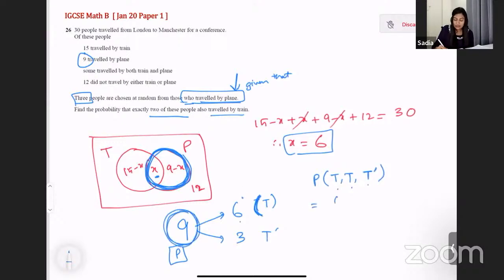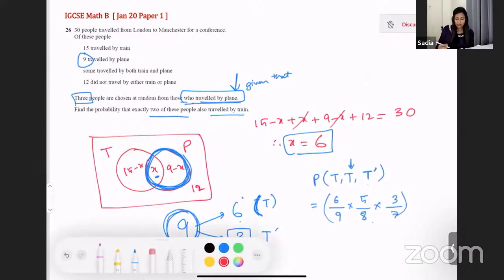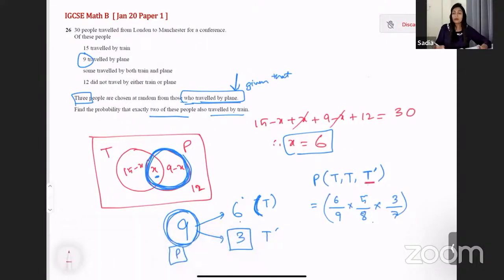So T is 6 divided by 9 into, when you're selecting the second time, number of people who traveled by train decreased, so 5, because you have already selected one person here, right? So the total will also decrease by 1. And T prime, we had 3 people who didn't travel by train, so 3 divided by total decreased by 1. But then again, we cannot say that the third person will be T prime.